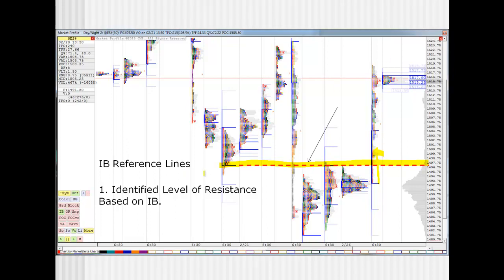And so you see that once we identify these initial balance lines, we need to take a look at them over a period of time, sometimes expand and push them out to the following periods so we can see how the market will react to them. In this case here, it was a level of resistance, but in another case, it could certainly be a point of support.